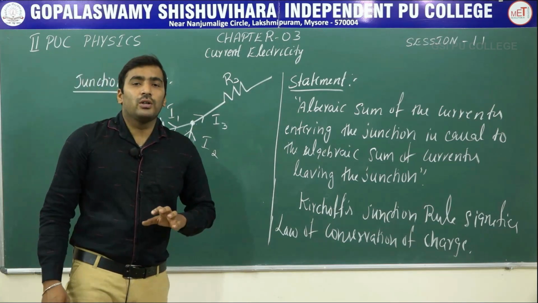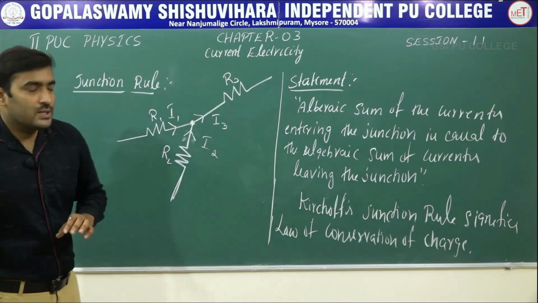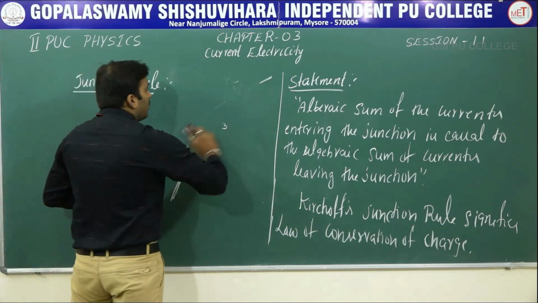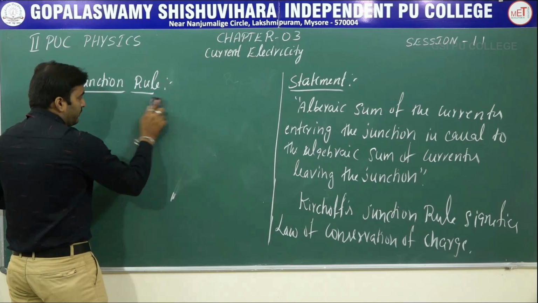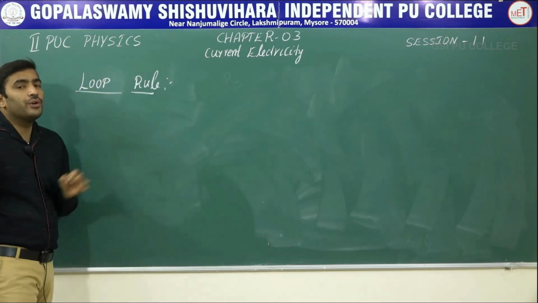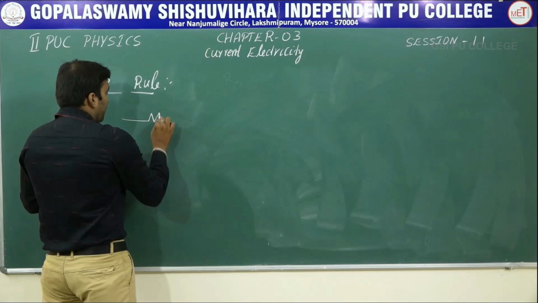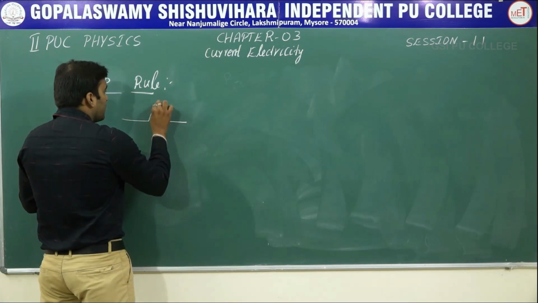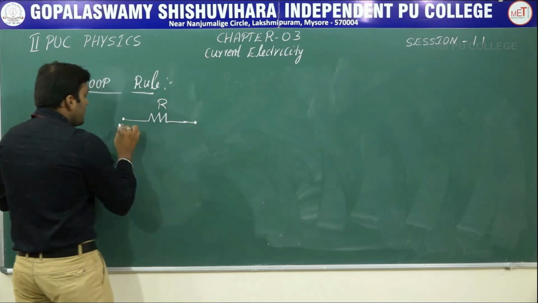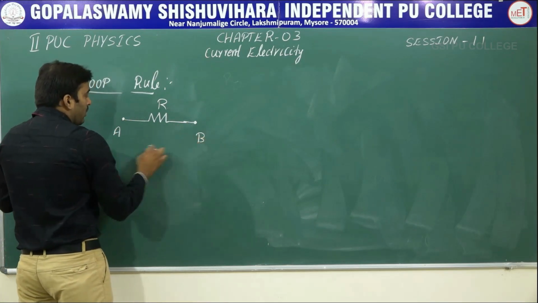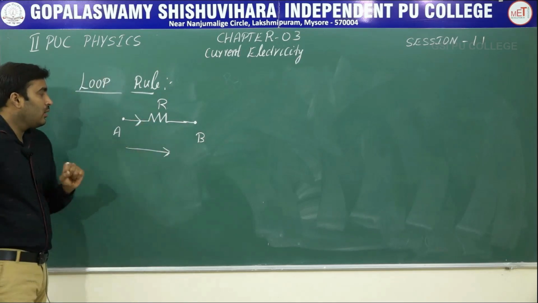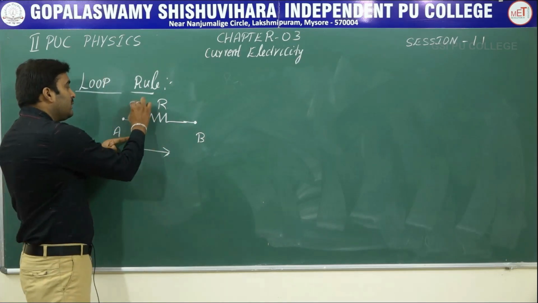Next, we will move on to the loop rule. Let us understand the second one, the loop rule. Before going to the loop rule, if this is a resistor and the current is flowing from A to B, let us mark that current.